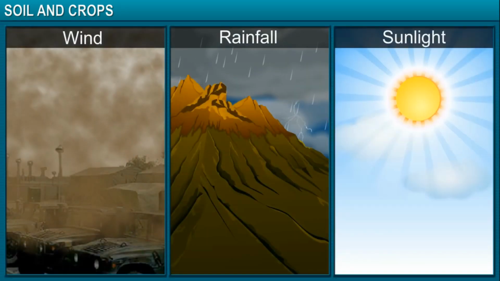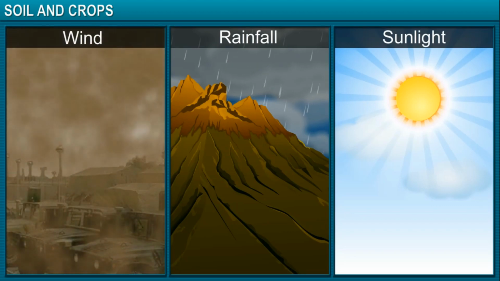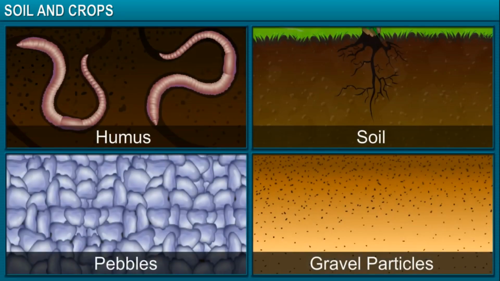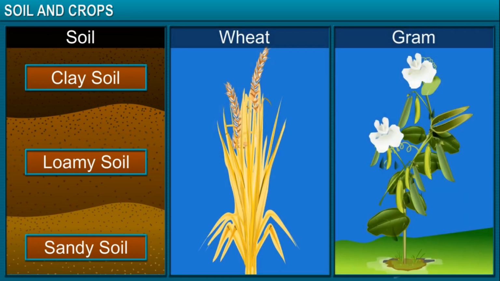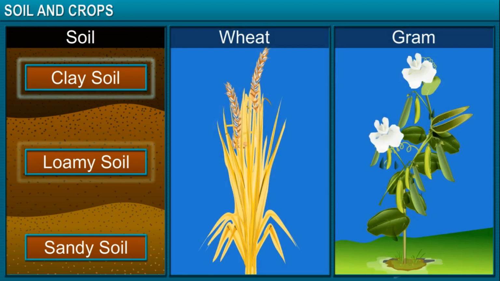In addition, climatic factors as well as the components of the soil determine the types of vegetation and crops that grow in a particular area. Cereals like wheat and gram are grown in clay and loamy soils because these soils have better water retention capacity.